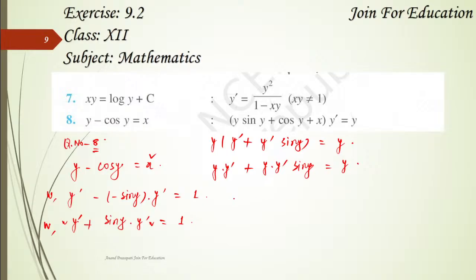So we find out the value of y from here, then we get x plus cos y. So we write down here y into y dash plus here will be y into y dash into sin y equal to, the value of y here will be x plus cos x.